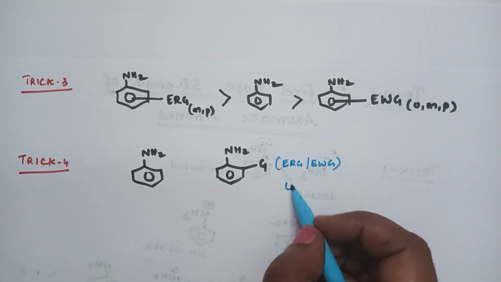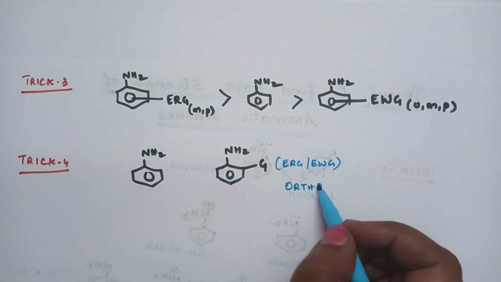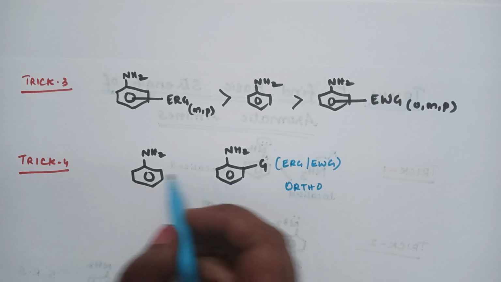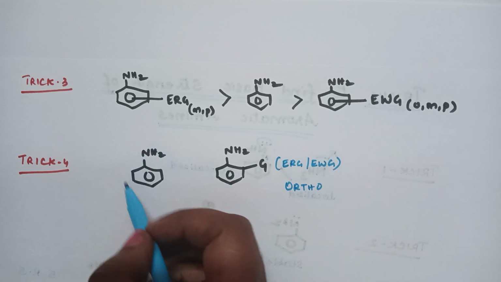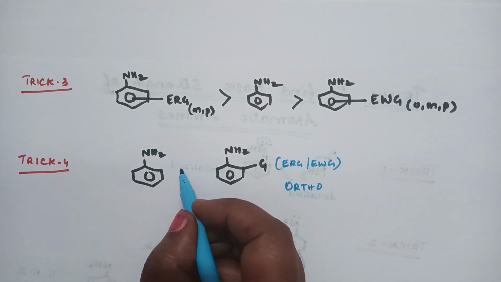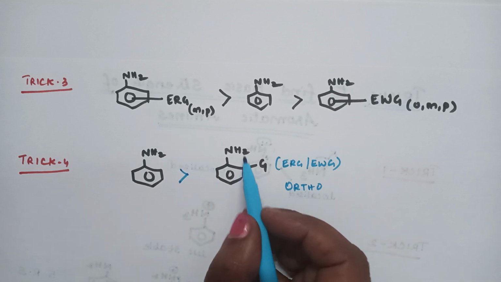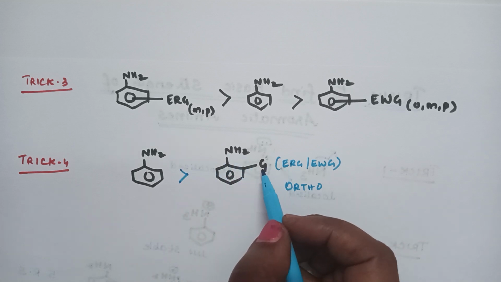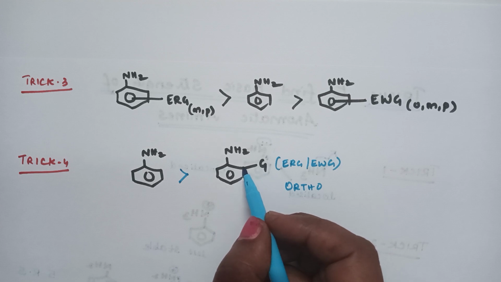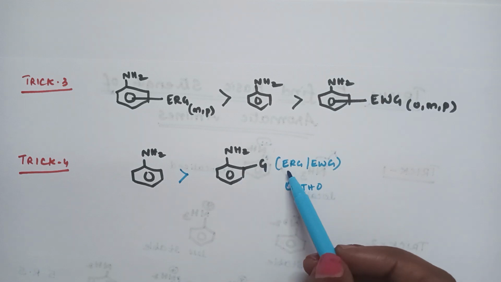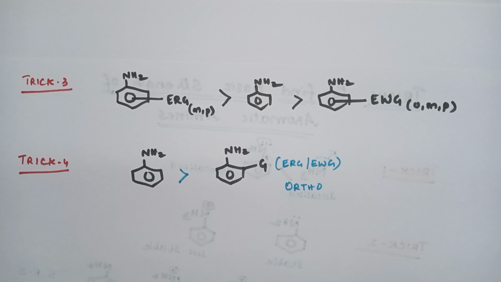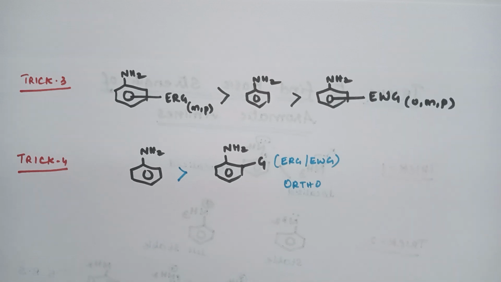If it is present at the ortho position, it is always less basic than aniline. So aniline will always be more basic when compared to this. That is when the group is attached at the ortho position, whether it is electron releasing or electron withdrawing.